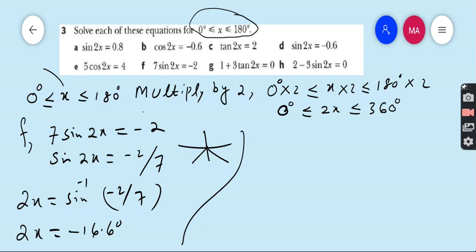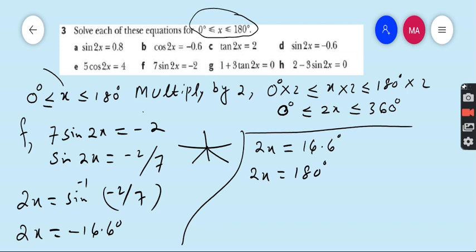Because we are working only with positive angles, we should consider this angle as positive. Now we need the angles in the third and fourth quadrants. So for the third quadrant we add this value to 180, and for the fourth quadrant we subtract this value from 360.